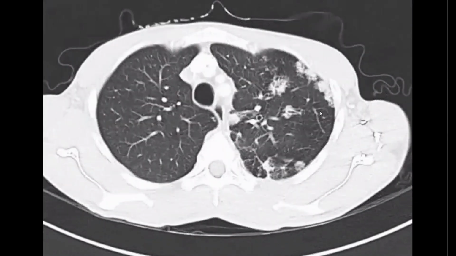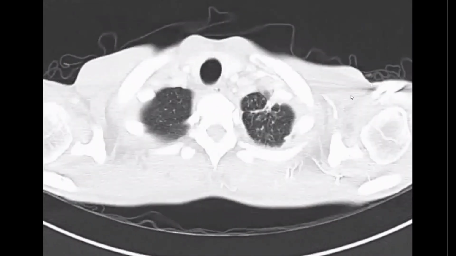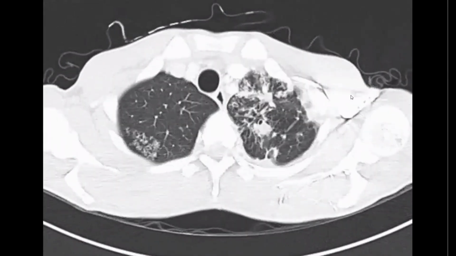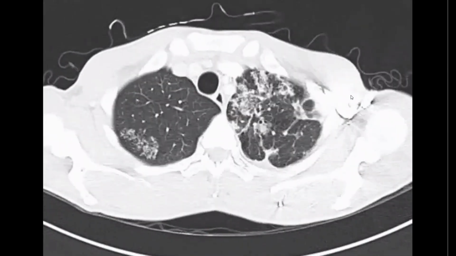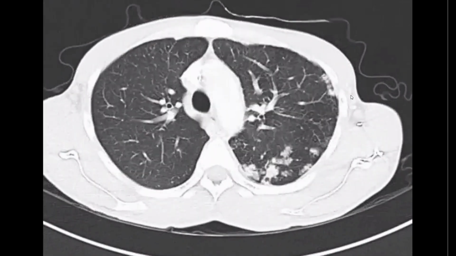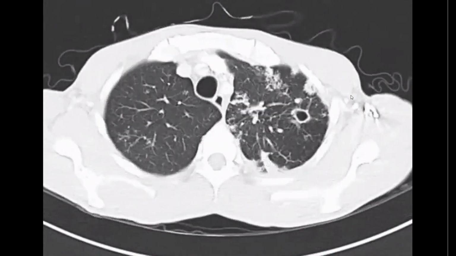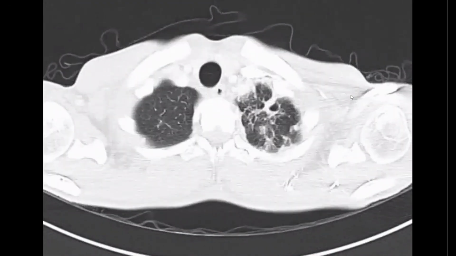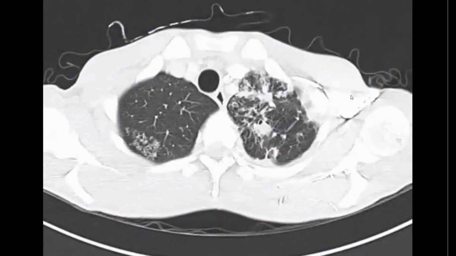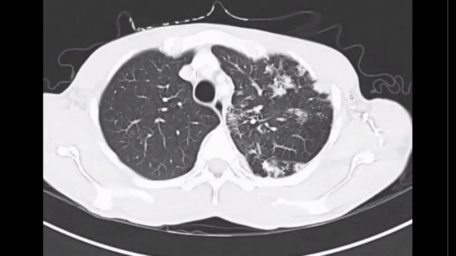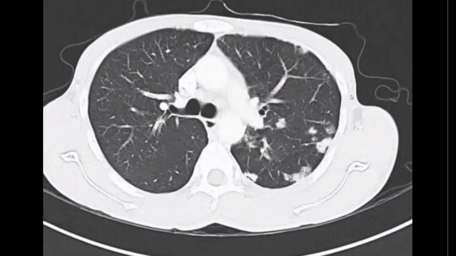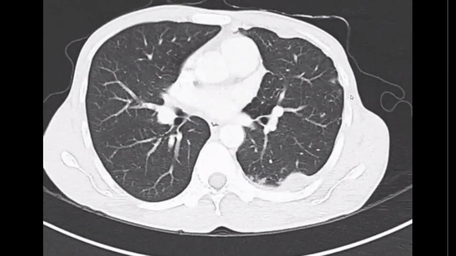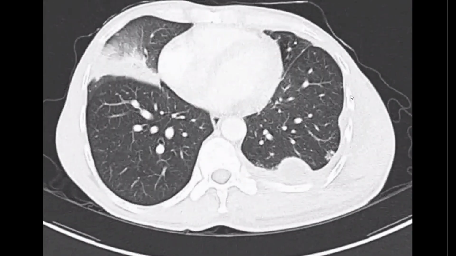Okay, so on the lung window, I can see multiple soft tissue opacities along the left pleura, involving all these segments, with some cavitating lesions seen as well, and centrilobular nodules adjacently. There is no pleural effusion seen bilaterally.